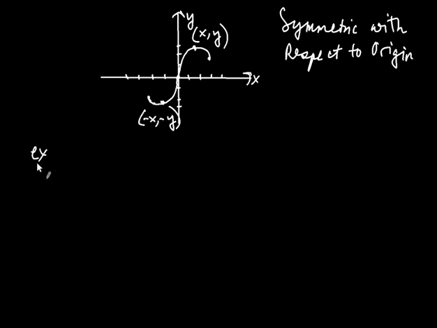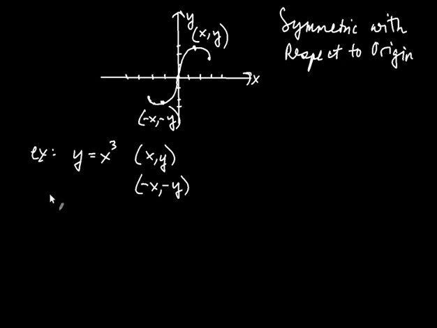So for example, take the equation, let's see, how about y equals x cubed. So let's say x, y satisfies that, according to just how it's written. Now I'm going to replace x with negative x, this is my test for symmetry about the origin, and I'm going to replace y with negative y, and I'm hoping the curve I get when I do this replacement ends up being the same thing.